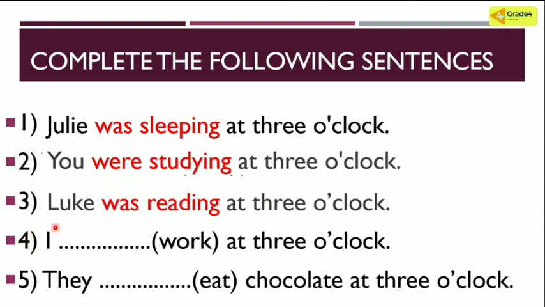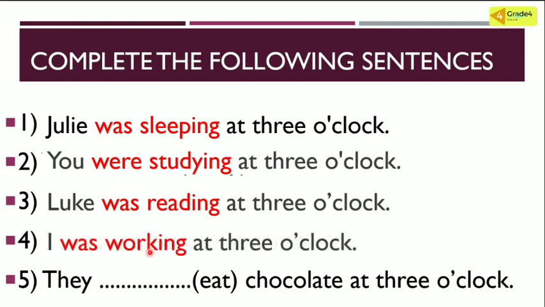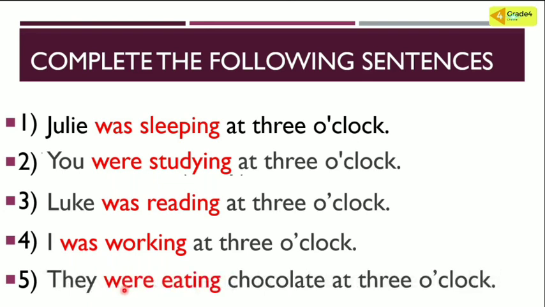Number 4. I. What will we use here? I was working at 3 o'clock. And then number 5, because it's they, we will use were. They were eating chocolate at 3 o'clock.